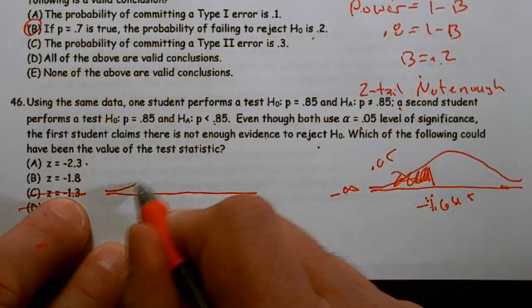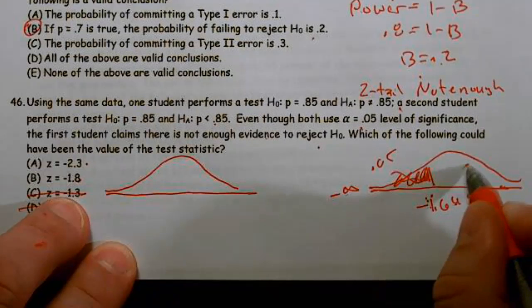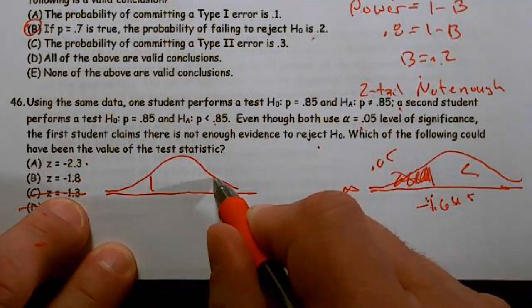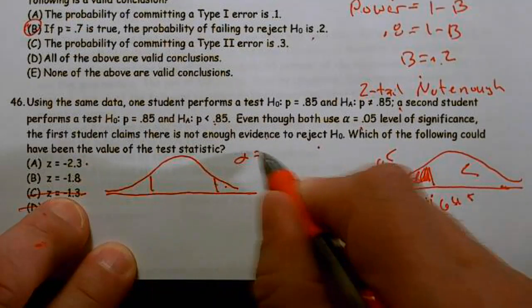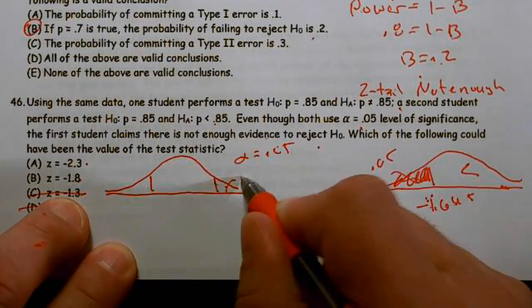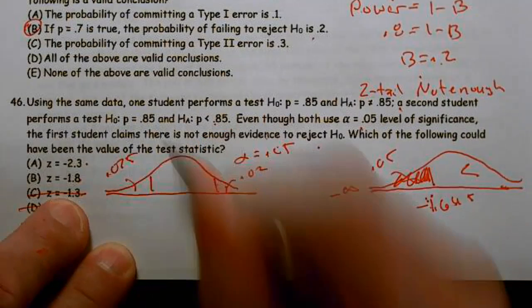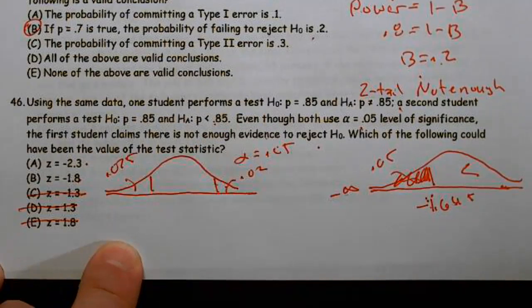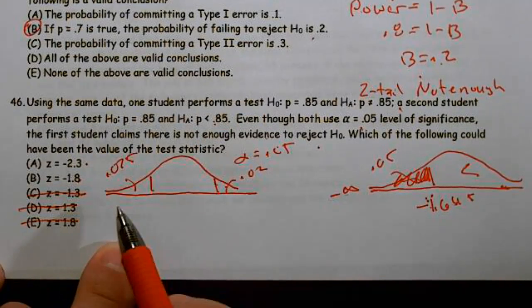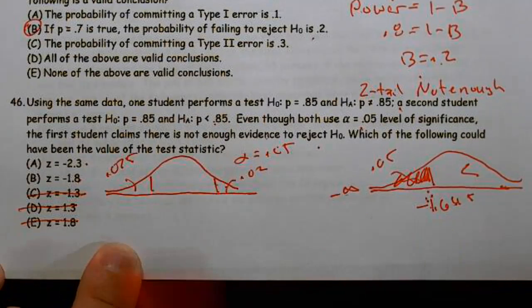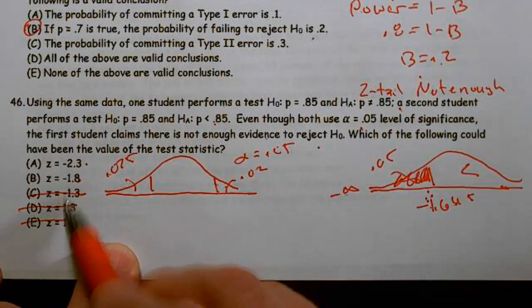So now let's look at the two-tail. By the way, this was the one-tail. The two-tail, alpha equals 0.05 for both of these, but the area in this tail is 0.025, and the area in this tail is 0.025. Well, we know we only need to look at the lower half because this one rejected, and so they couldn't reject with any of these.